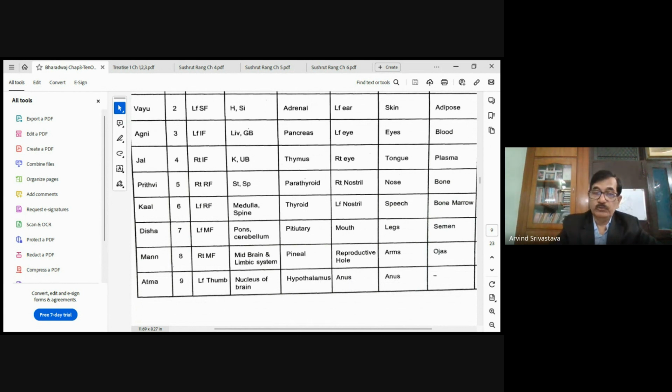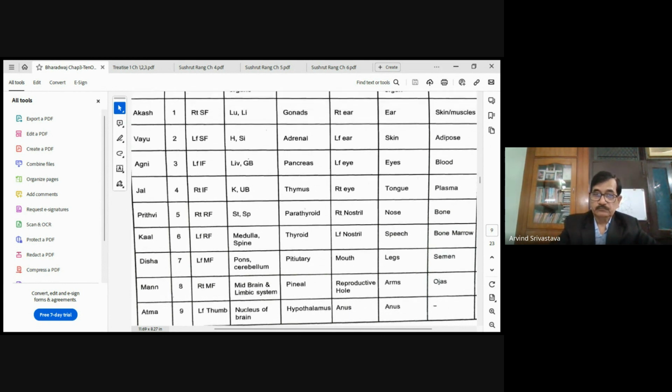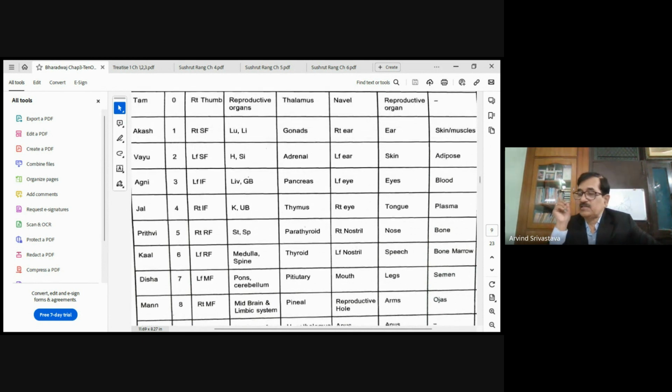Now come to the Chinese pattern. Just remember those, because it was already taken by us. In Chinese, lungs and LI were the same, they were the pair organ. So when they were plotted in the same pattern, we plotted them in Akash, because they resemble Akash in their action.